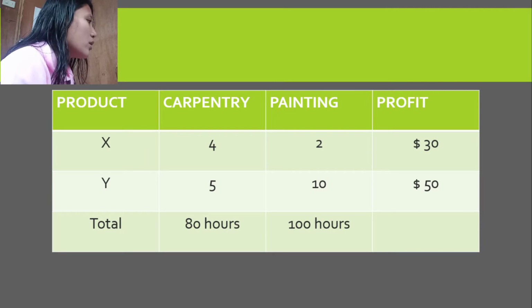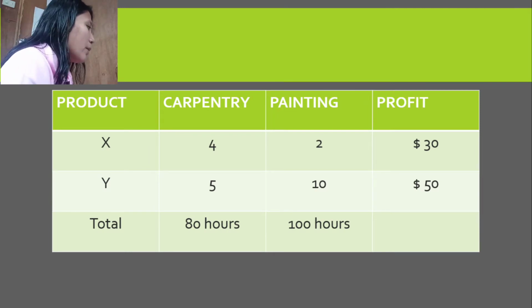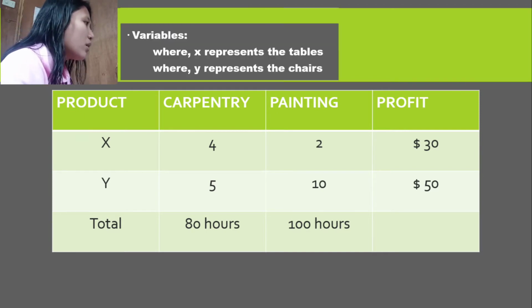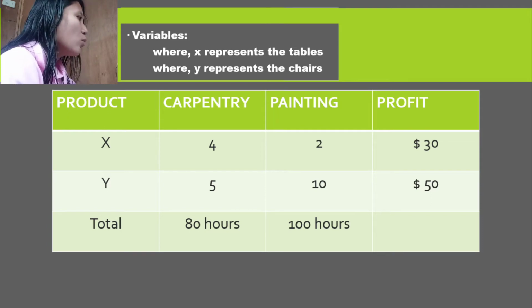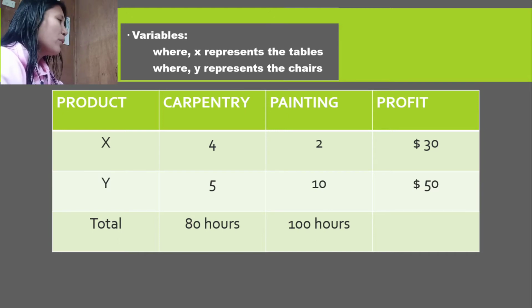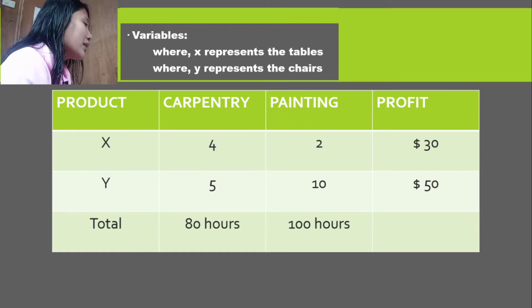Next, we need to make a table. So they have carpentry, painting, and profit. We have products X and Y, where X represents the tables and Y represents the chairs. For product X, tables require 4 hours for carpentry and 2 hours for painting.